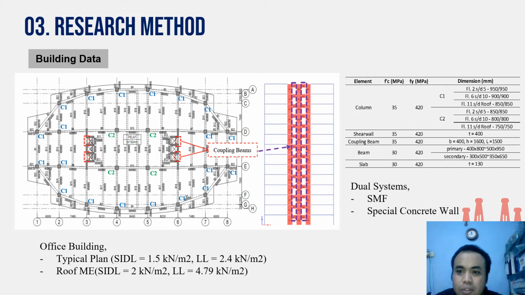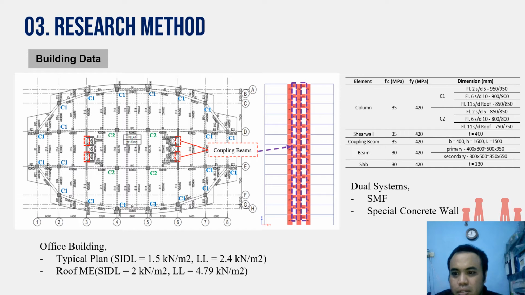The strength of steel material used is 420 MPa. The dimension of the column differs every 5 floors.